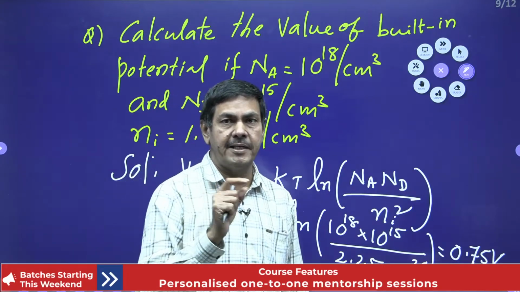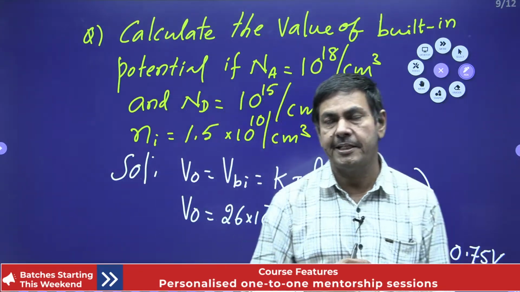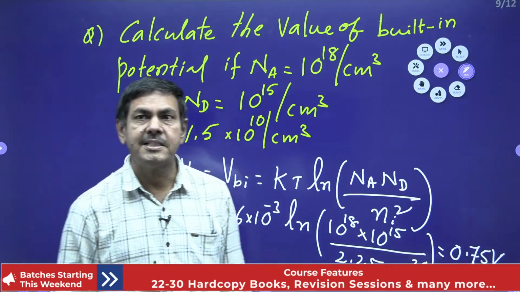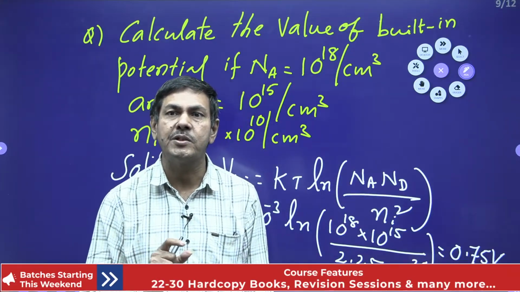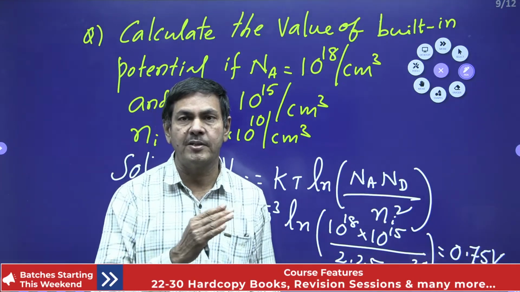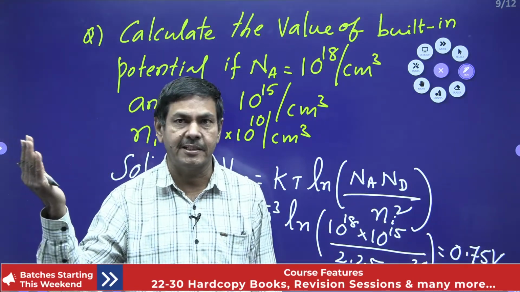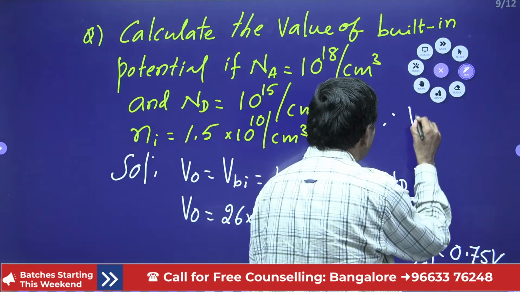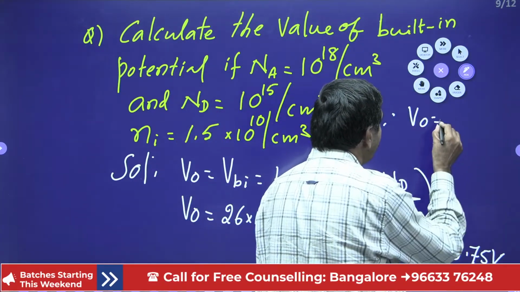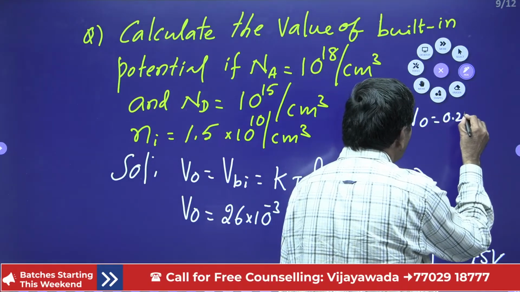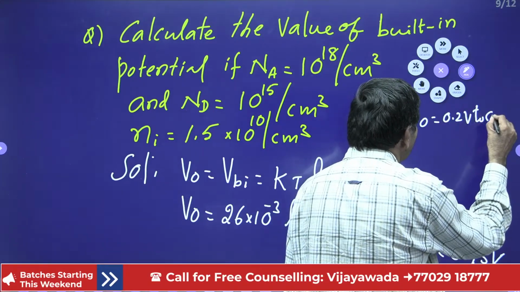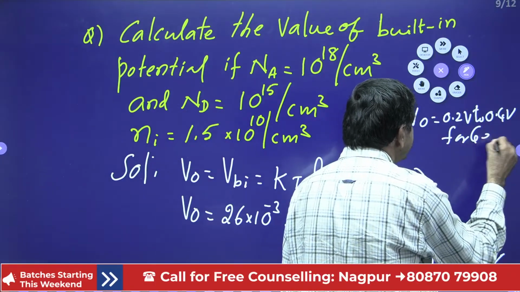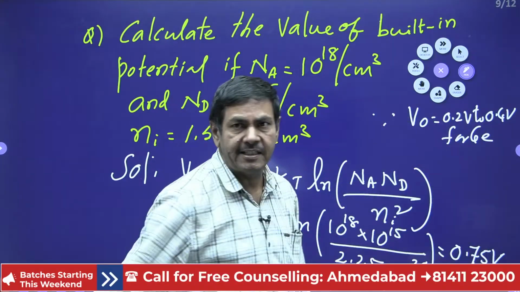If it is germanium, the built-in potential ranges from 0.2 to 0.4 volts. Practically, V0 is maintained at 0.2 volts to 0.4 volts for germanium.